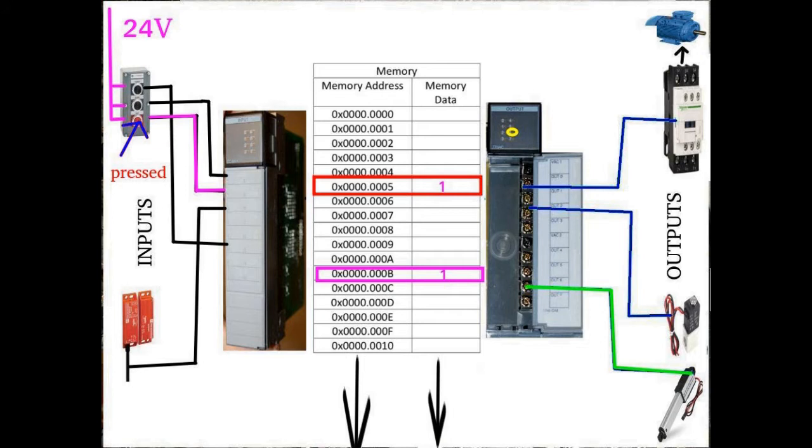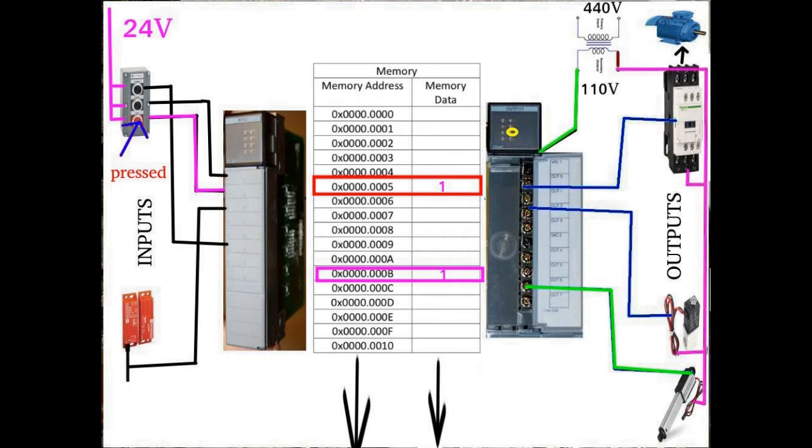And since this location in memory is indexed to position number 6 of the output module, which corresponds to the actuator, and since there is an internal scanner, which periodically will check the corresponding memory address to the output module, if it finds a 1 in there, it will notify the output module to energize the triac number 6, causing it to send a signal to energize the actuator.